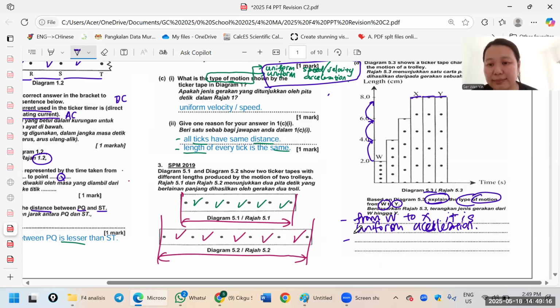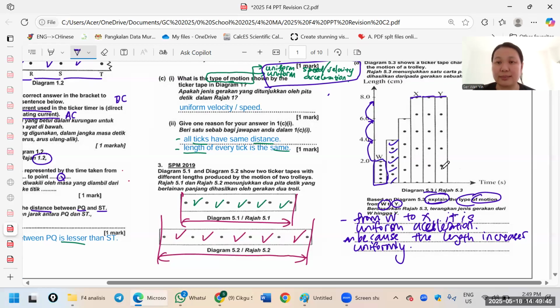Then it shows uniform acceleration because the length increases uniformly, or the speed increases uniformly. So one short can say is length, can say it's velocity, because here got time already. 1, 2, 3, 4, 5 things.